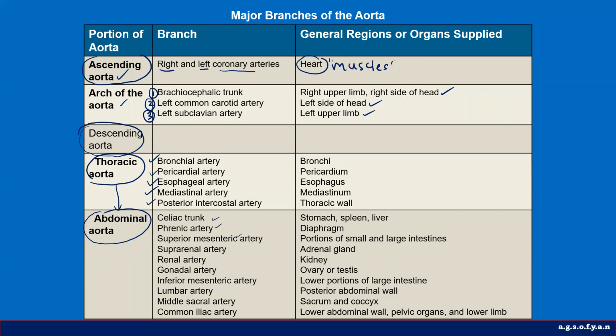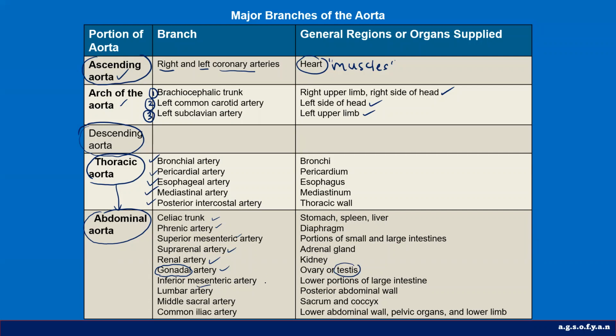Suprarenal carries blood to the adrenal gland. Renal goes to the kidney. Gonadal, on the female side, brings blood to the ovary; on the male, it brings blood to the testis.